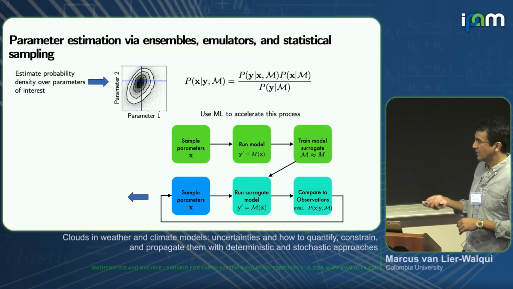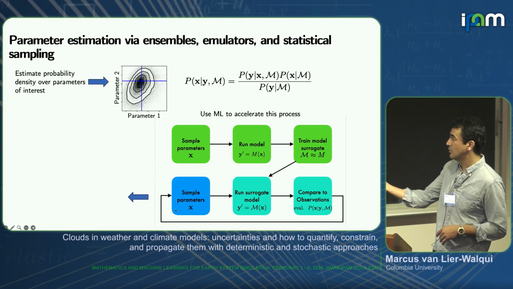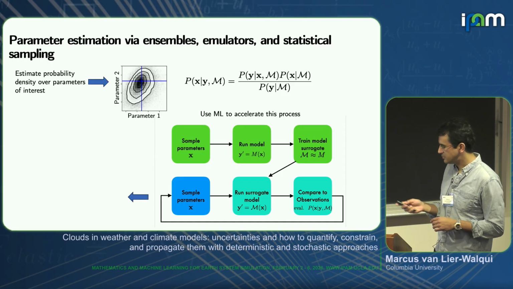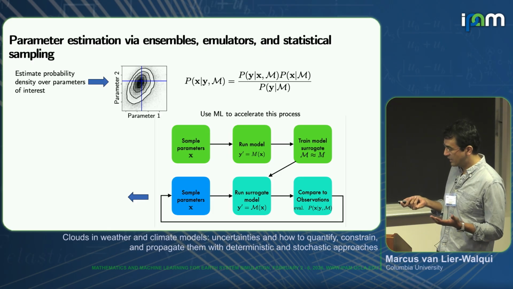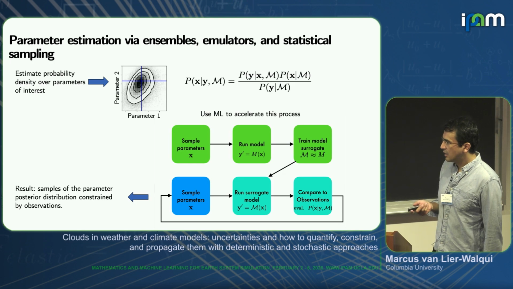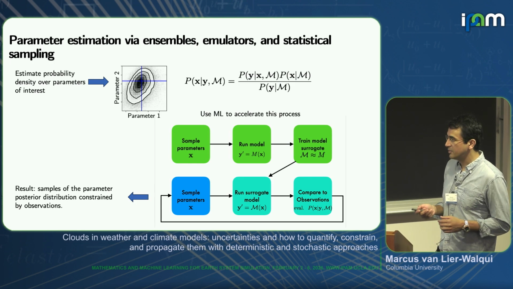And then we plug that into this sort of Bayesian estimation loop, and we do MCMC on our surrogate model, which is some sort of machine learning code. We use neural networks. Other people use Gaussian processes. And that makes this tractable. And then our results are samples of the parameter posterior distribution constrained by observations.